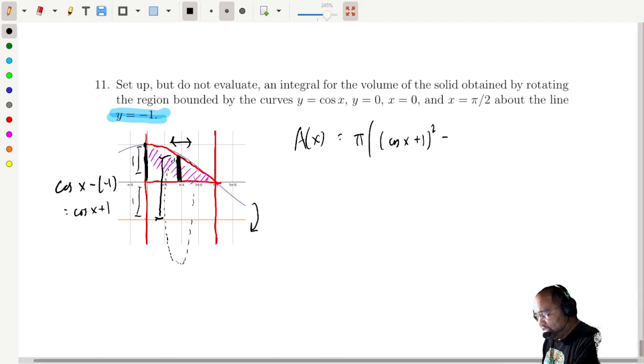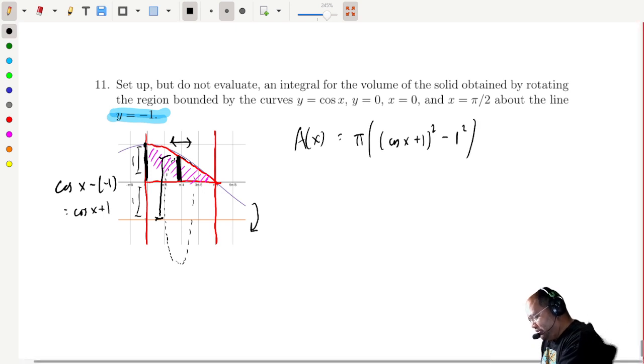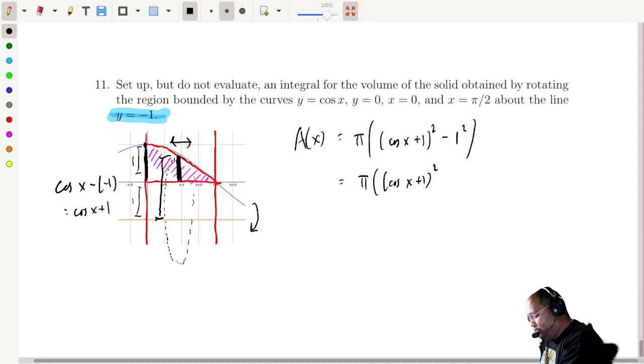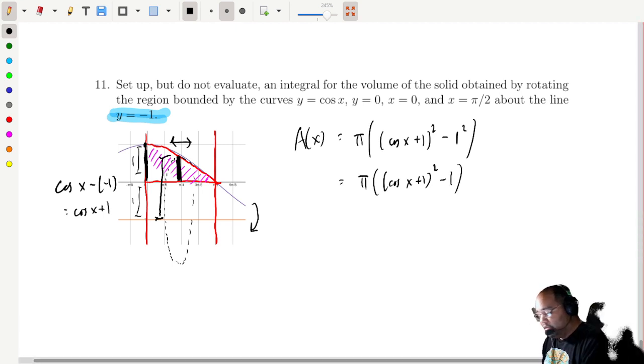Okay, well, the inside distance, 0 minus -1, that's just 1. So for the moment, let's go ahead and write out our area function like this: cosine of x plus 1 squared minus 1. Okay, and what's our volume?